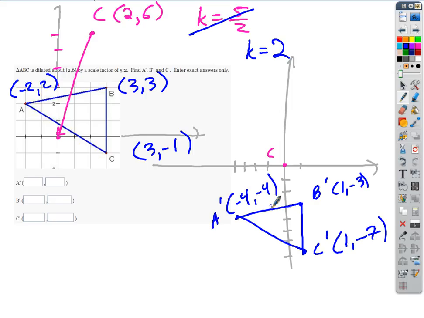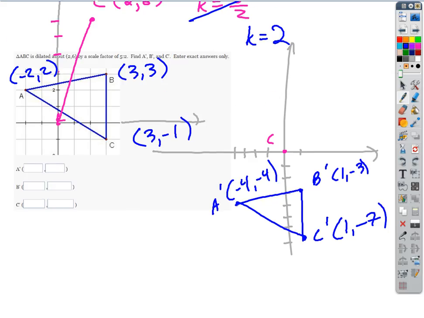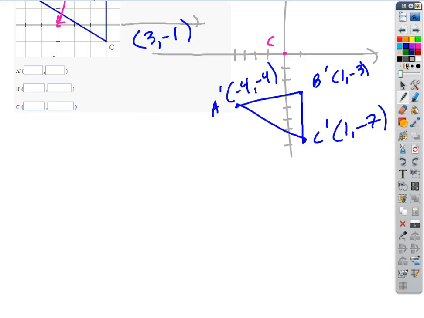Yeah, good. I'm going to multiply every one of those x and y coordinates by 2, right? So we'll end up with, I'm going to go by 2's.